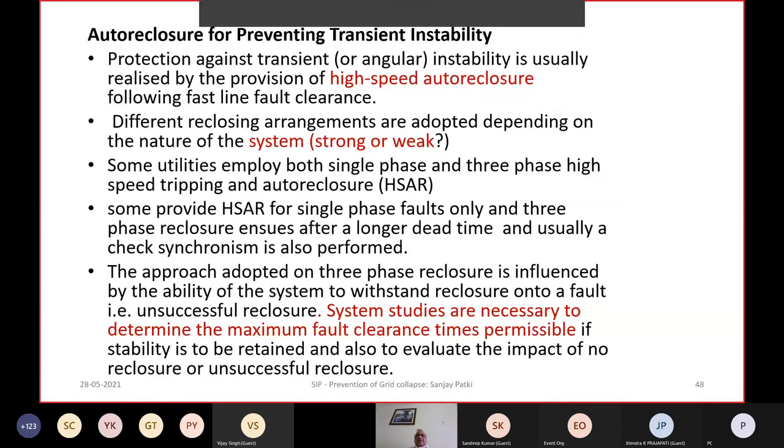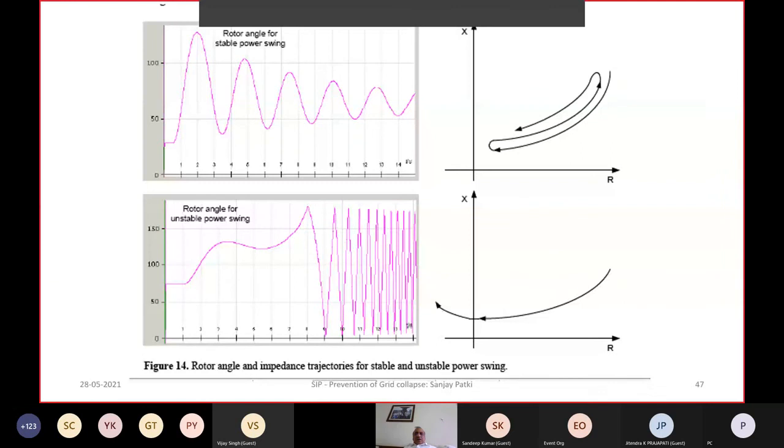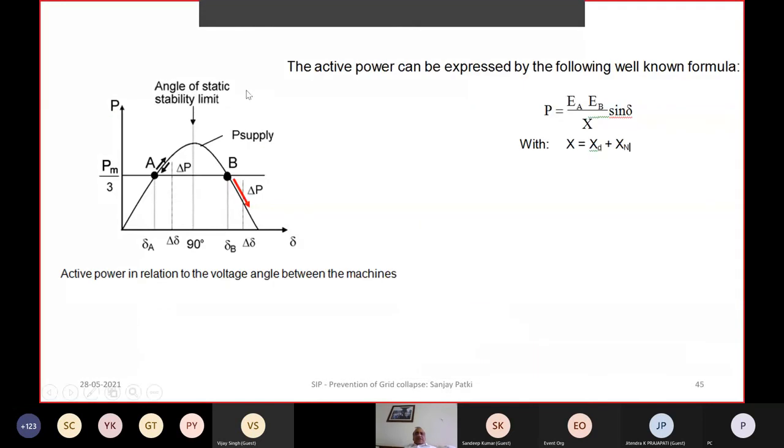And this transient instability is also a function of time. As we saw here, the more the fault clearance time, the more will be the angular separation, because as the machine starts accelerating, unless the fault gets cleared, it will keep on accelerating, because the mismatch between turbine input and active power output will continue for a longer time.